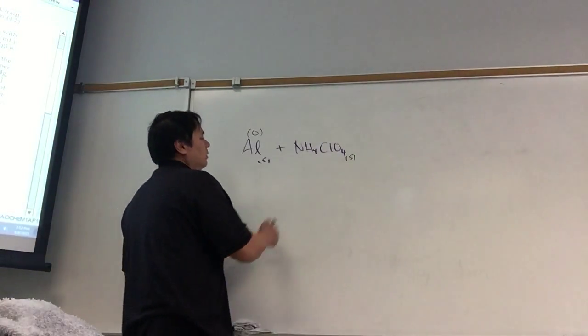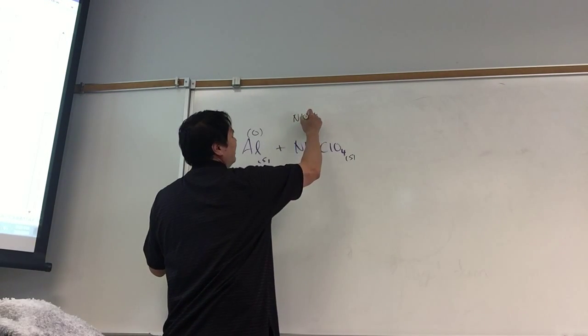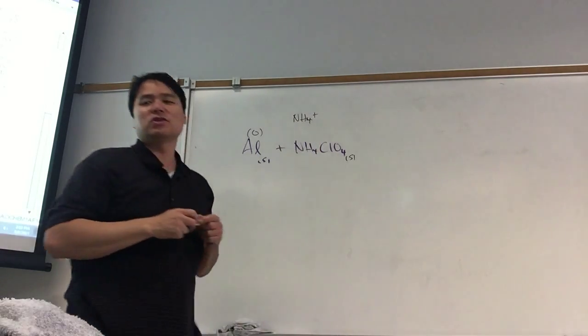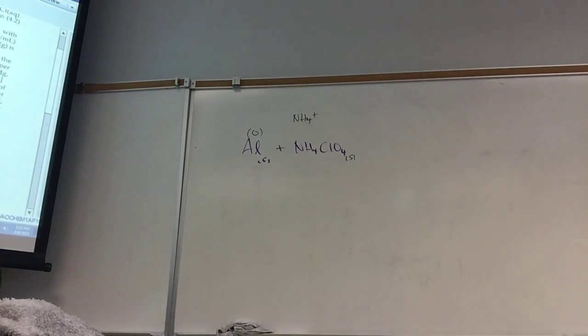So, well, ammonium perchlorate consists of the ammonium ion. Ammonium has a positive charge here. A positive charge means it's electron rich, electron poor, or just kind of neutral. Electron poor.